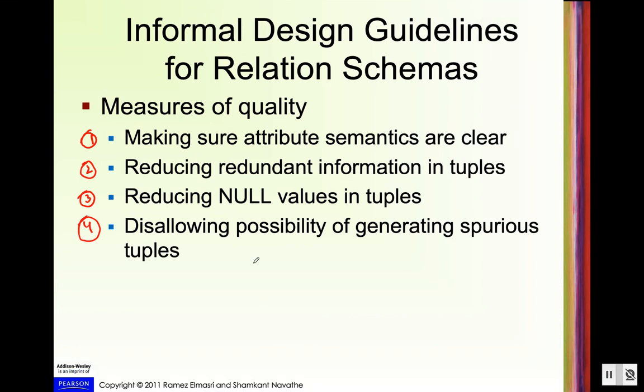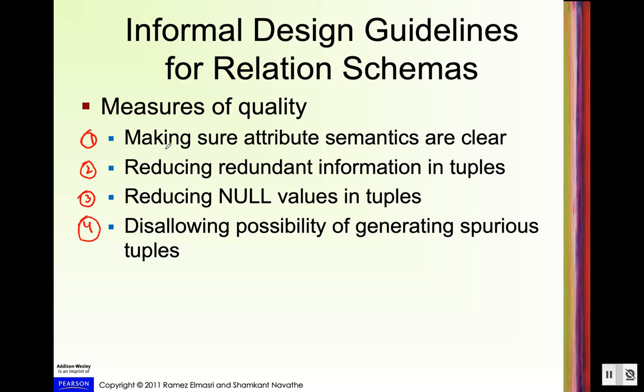We are calling them informal because there is no mathematical formulation, but those guidelines are mostly based on intuition, on what should be considered as the quality of the relational schema. The first informal guideline is we want to make sure that attribute semantics are clear.